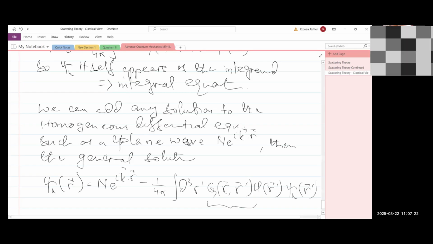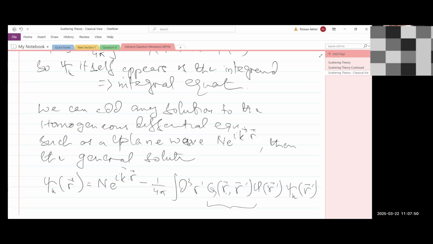But for this case, we have to assume that the effect of u, that is this modified potential, modified by the 2m upon h bar square factor, is small in some sense. From here, basically, two different types of techniques start. One is known as the Born approximation technique and the other one is known as partial wave analysis.